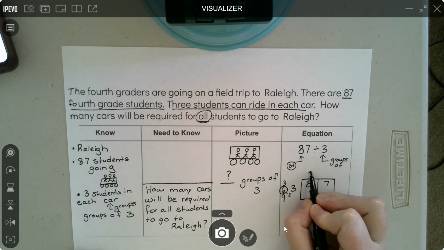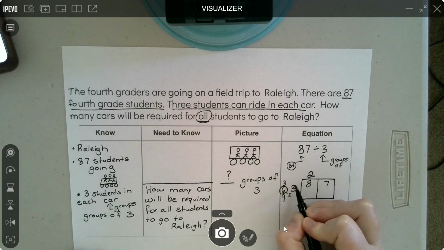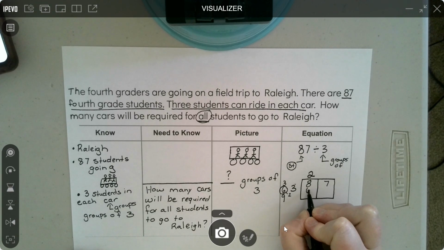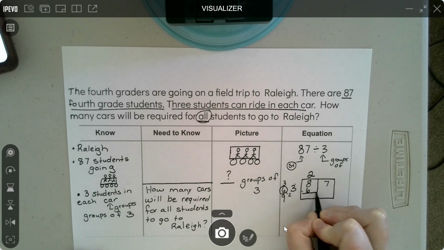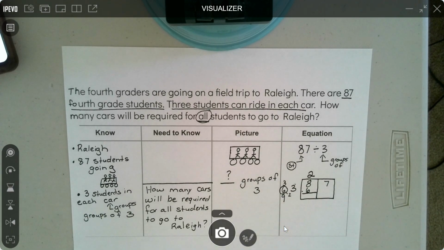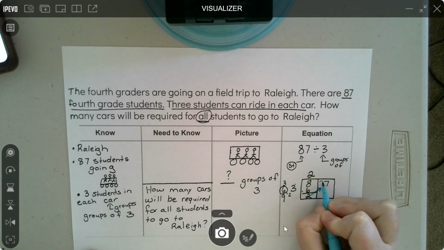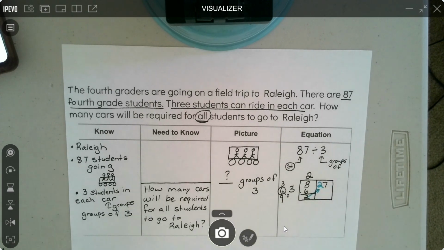So I'm going to write 2 up here. 3 times 2 is 6. So I'm going to subtract that out. 8 minus 6 is what? 2. Remember that 2 is going to get dragged all the way up to be in front of that 7.